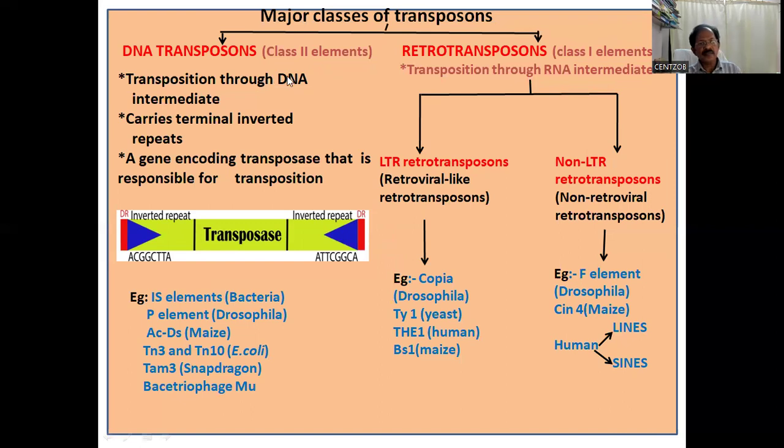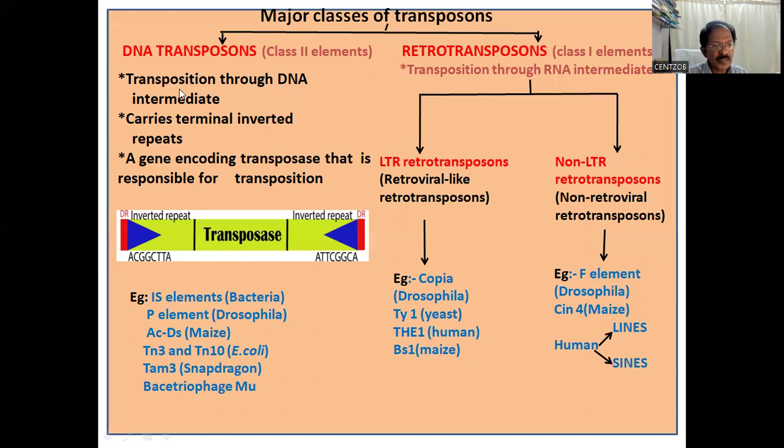The major differences between these two: in DNA transposons, transposition occurs through a DNA intermediate, while in retrotransposons, transposition is through an RNA intermediate. So there is the involvement of the reverse transcriptase enzyme, and it is a type of copy-paste mechanism of transposition that we'll study later, because today we are mainly focusing on DNA transposons.